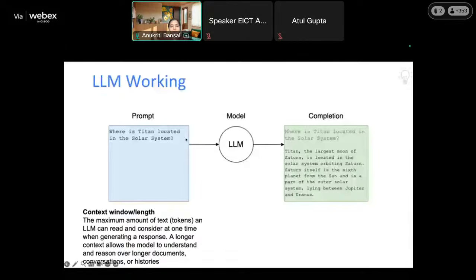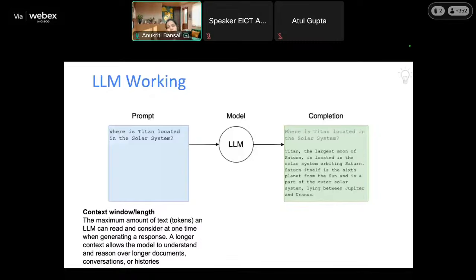In 2022, when ChatGPT came, the context window was around 4,000 tokens, which means it was only able to process 4,000 tokens at a single time. Today, the Gemini models and ChatGPT have a context length of around 1 million. That means they can process such a large amount of information altogether.